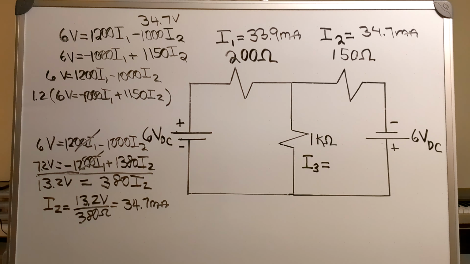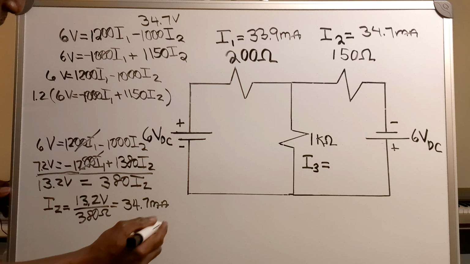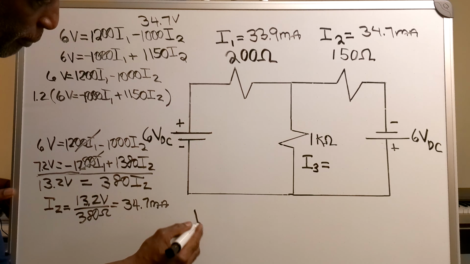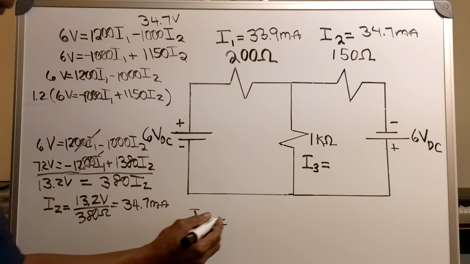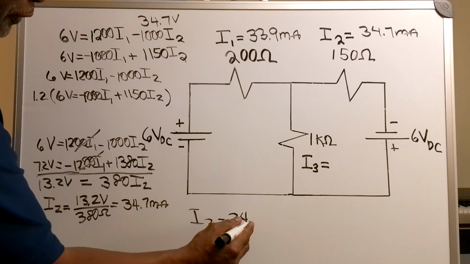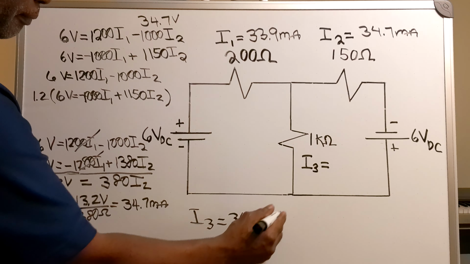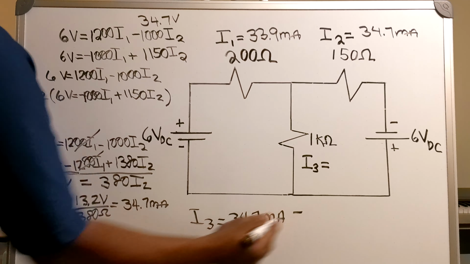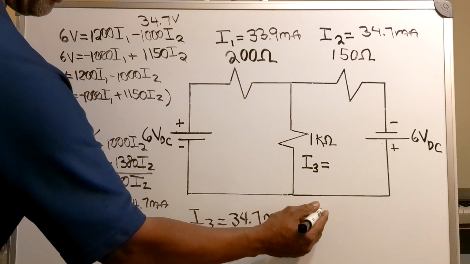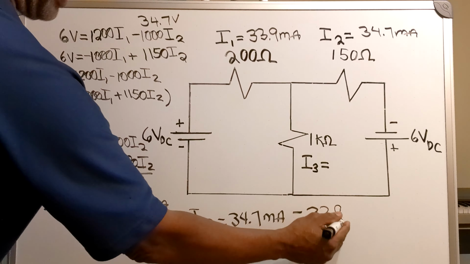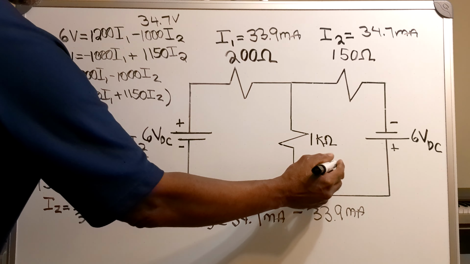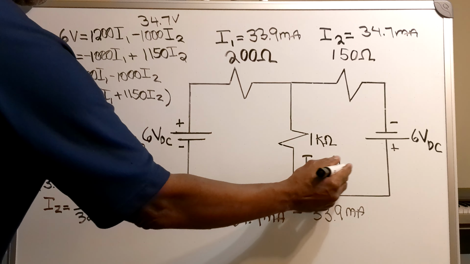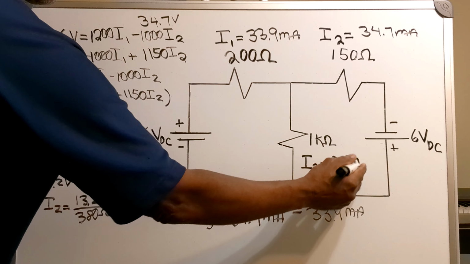Now my I3 current equals 34.7 milliamps minus 33.9 milliamps, and that gives me a current of 0.8 milliamps.